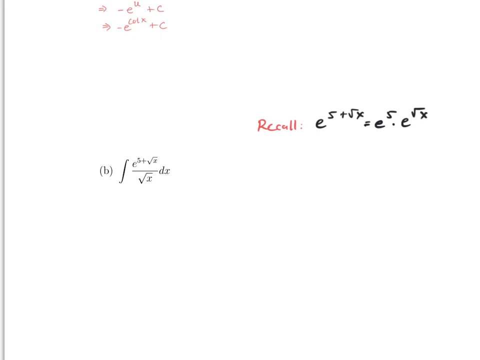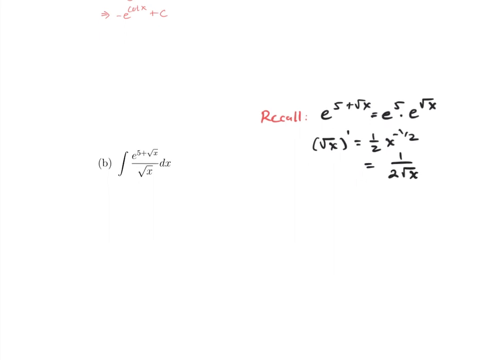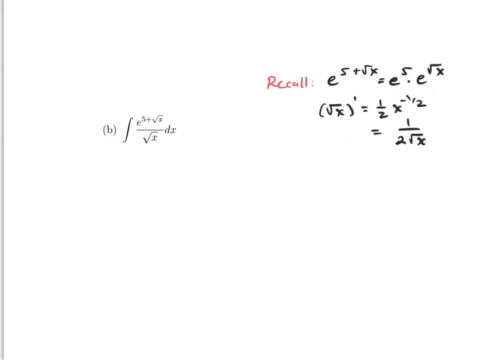And also recall the derivative with respect to x of the square root of x is 1/2 x to the minus 1/2, which is the same thing as 1 over 2 radical x. So before we actually solve the problem, it's a good idea, not necessary, but a good idea, to rewrite this. So this is the same thing as e to the 5, which is a constant, goes outside, e to the radical x divided by radical x dx.